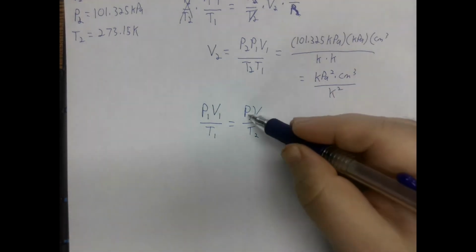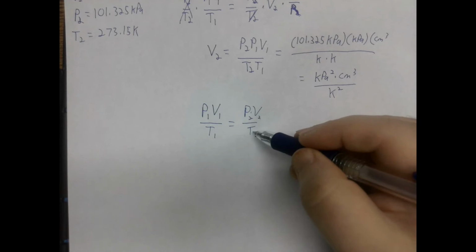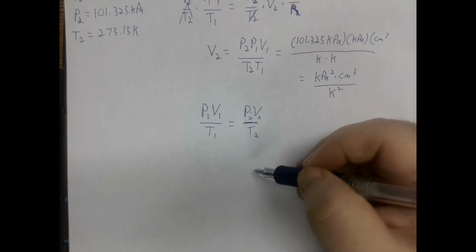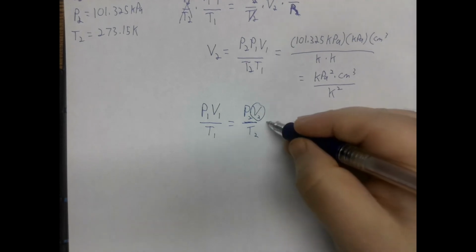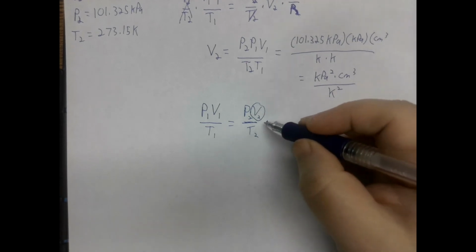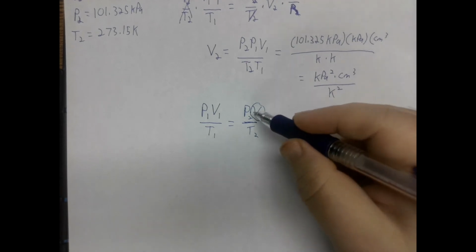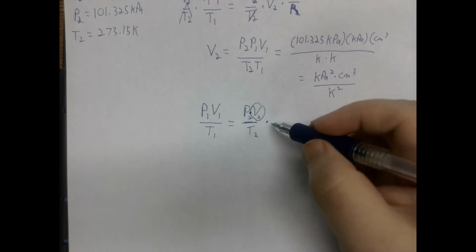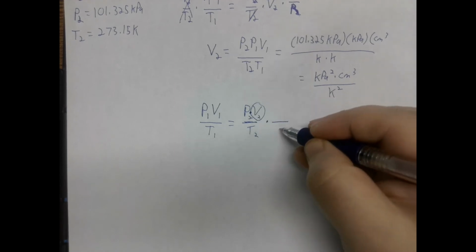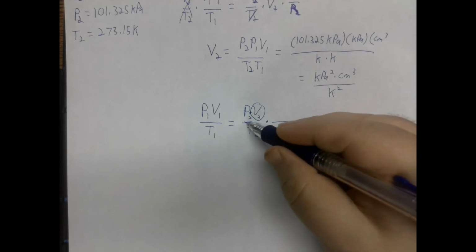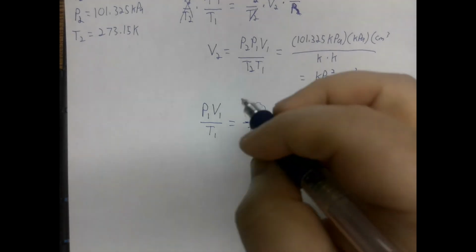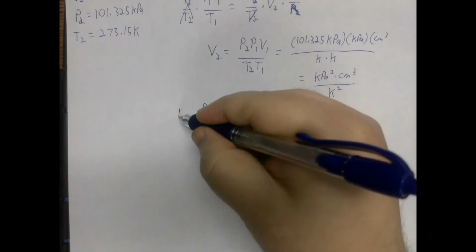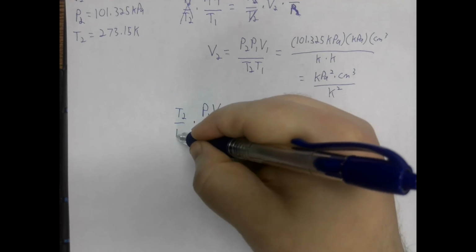So it's being multiplied by P2 and divided by T2. In order to get V by itself, we're going to do the opposites, meaning that if it's being multiplied by P2, we divide both sides by P2. And if it's being divided by T2, we multiply both sides by T2. So we multiply by T2 over P2.